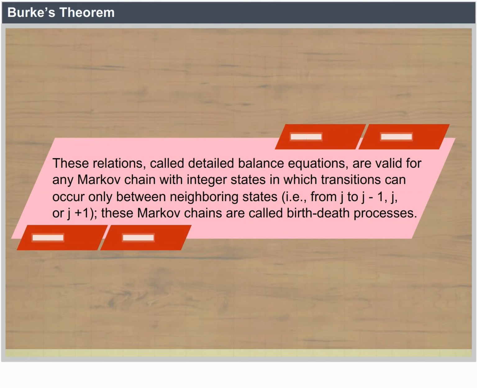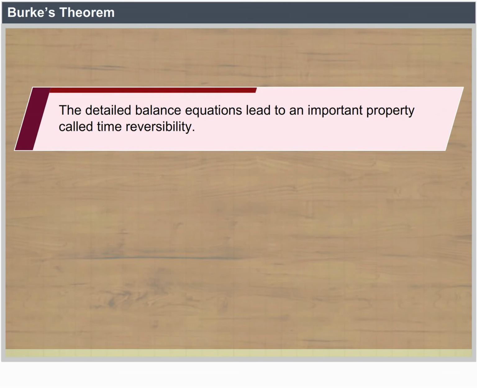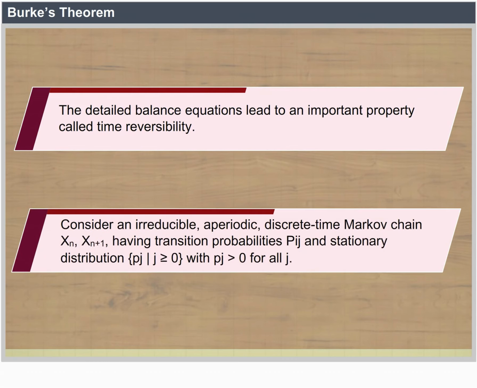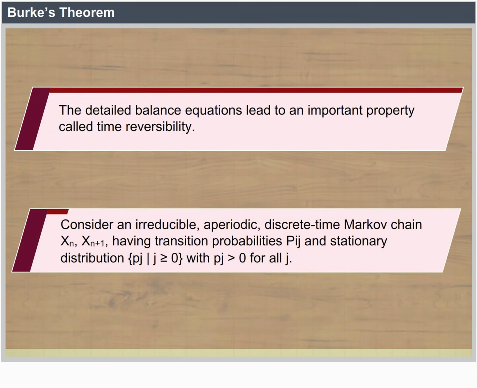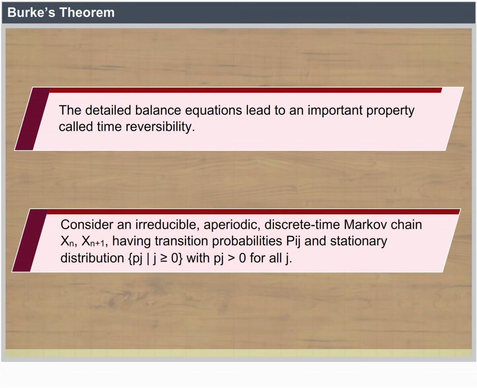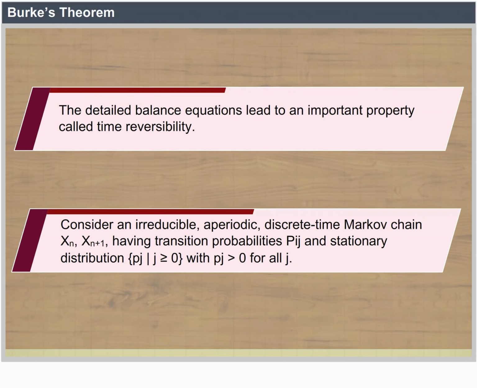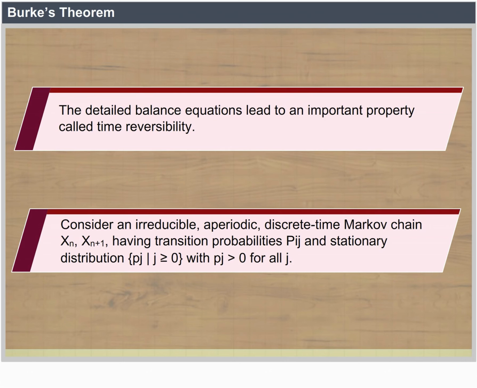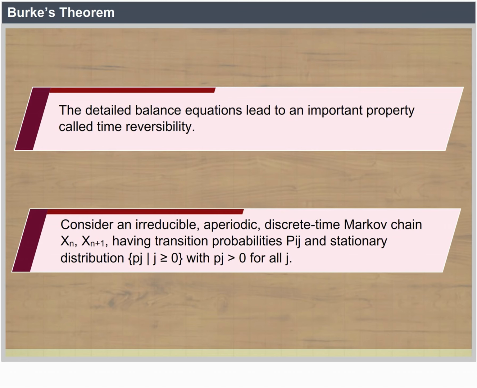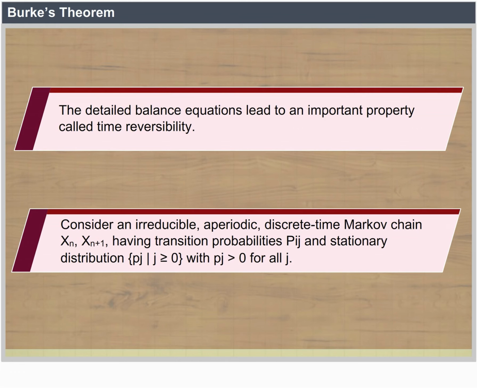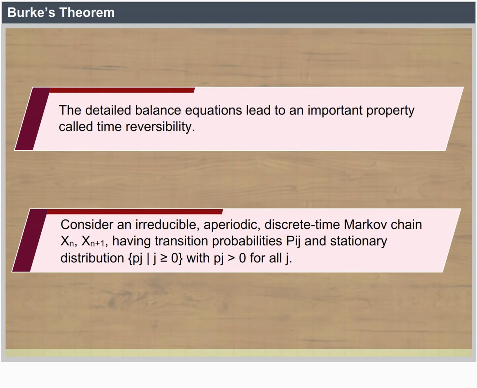These Markov chains are called birth-death processes. The detailed balance equations lead to an important property called time reversibility. Consider an irreducible aperiodic discrete time Markov chain X_n, X_n plus 1, and so on, having transition probabilities P_ij and stationary distribution P_j, j greater than or equal to 0, with P_j greater than 0 for all j.